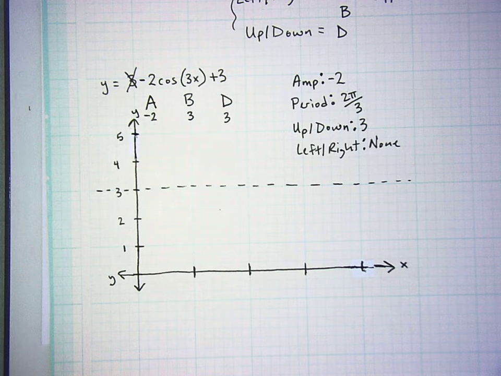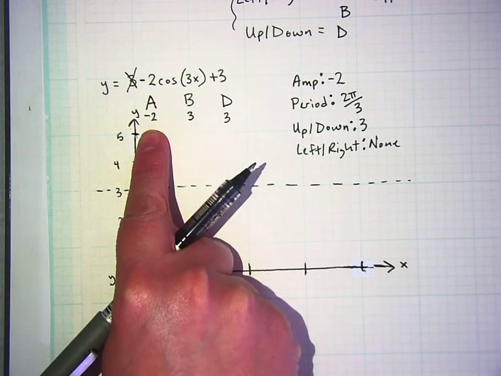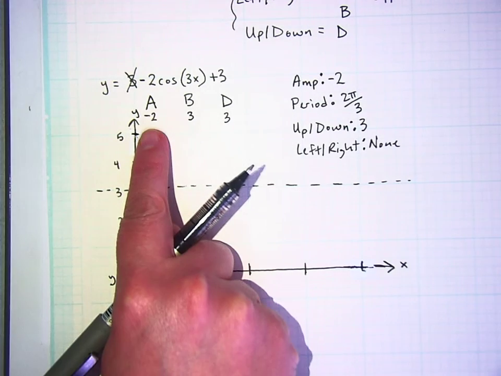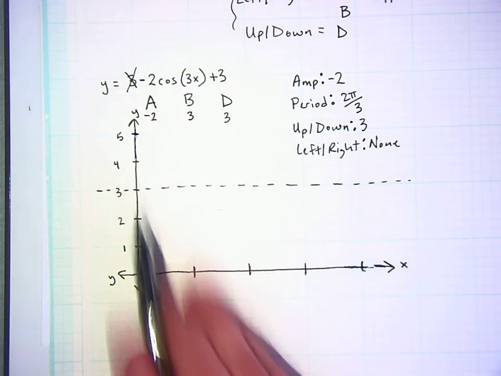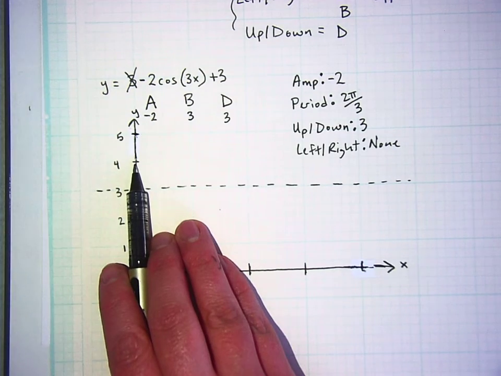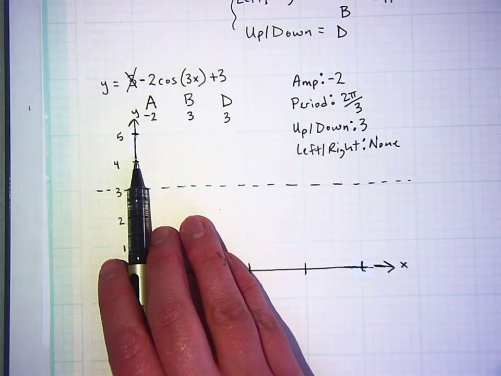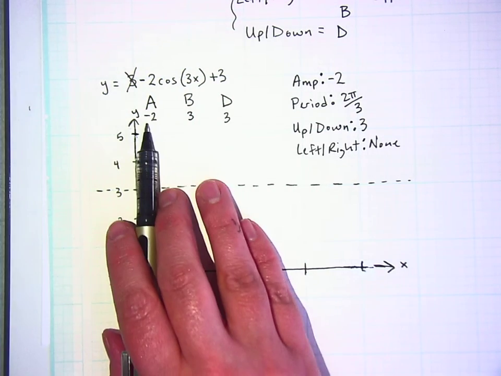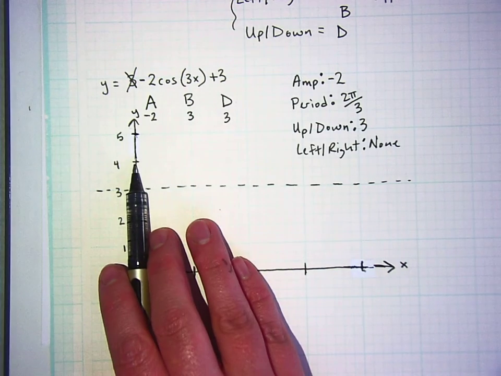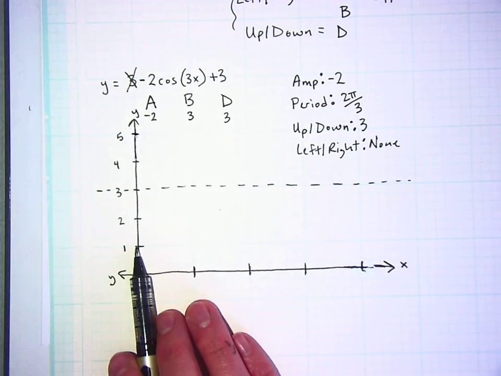All right, now a cosine graph normally starts at 1, but this one's not going to. What is it going to do? It's going to start at -2. Remember, we got to think about the amplitude too. Now, normally it would start at 4 now, right? Because it's centered around 3, but it's not. It's stretching up 2 and down 2, but it's also starting negative. So where should I start? At 1.